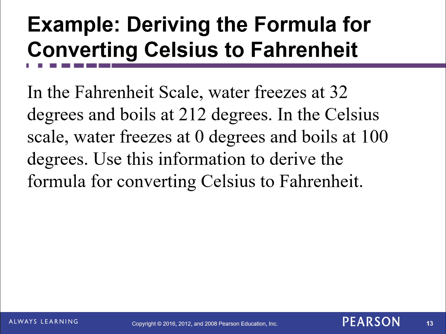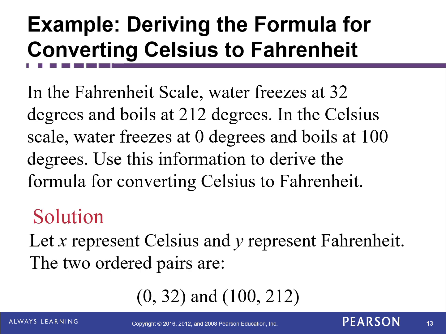All right, let's try this example. It says deriving the formula for converting Celsius to Fahrenheit. In the Fahrenheit scale, water freezes at 32 degrees and boils at 212 degrees. In the Celsius scale, water freezes at 0 degrees and boils at 100 degrees. Use this information to derive the formula for converting Celsius to Fahrenheit.